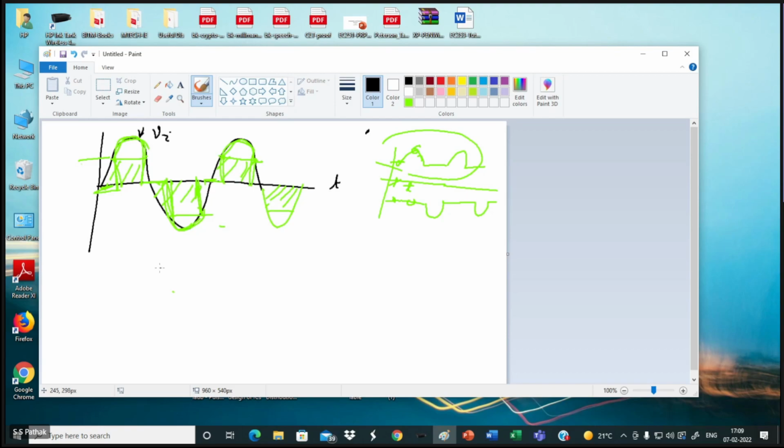So you remember, Professor Gupta explained, for this kind of clipping in one direction, it was coming like this. It was coming like this.